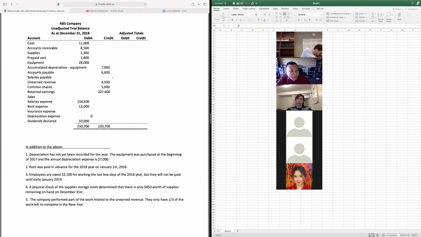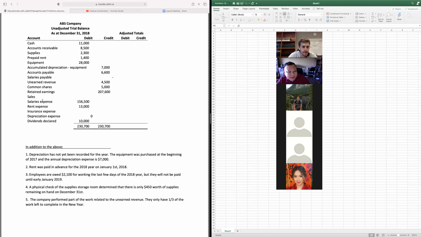For example, if you remember this one, accumulated depreciation on equipment, this is a credit balance. Remember, this is called a contra asset. It's an asset account, but has a normal credit balance, okay? So 7,000 here. And remember, in the last class I mentioned, all these expense accounts normally have a debit balance.